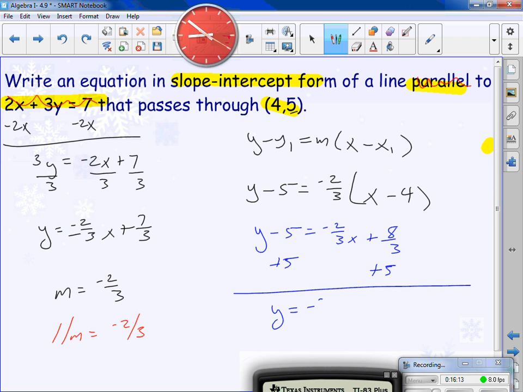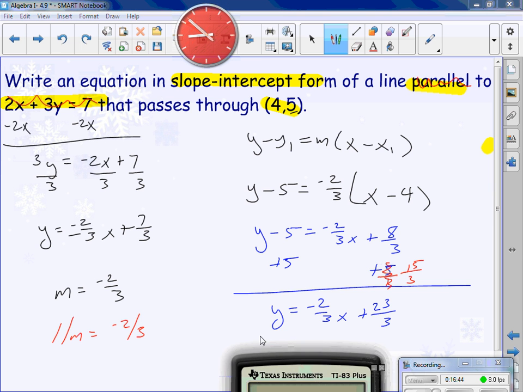Y equals negative 2/3 x, all right, that's actually over 1. I need it to be over 3. So 5 times 3 is 15. 5 over 1 means 15 over 3. What's 8/3 plus 15/3? 23/3.